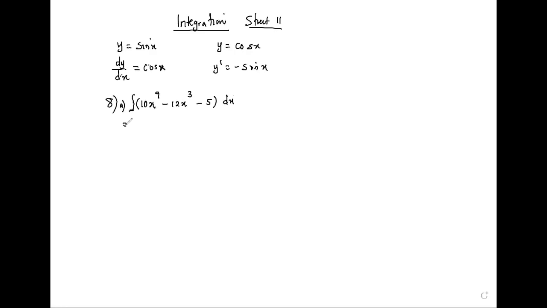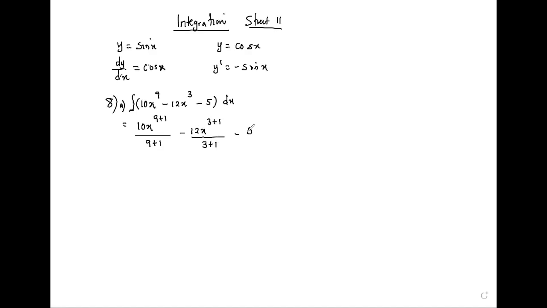So to integrate, you use what we call the extended power rule. If you're dealing with such kind of powers, you add 1 to the power and divide by the same number.